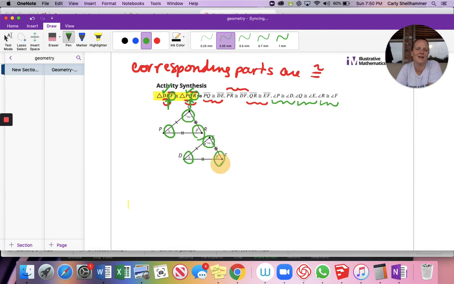That means that those angles are congruent. I can do the same thing with the sides. PQ has a single tick, it's congruent to DE, single tick. PR, double tick, DF, double tick. QR, I think that is, triple tick, EF, triple tick. Okay, so those are corresponding parts.